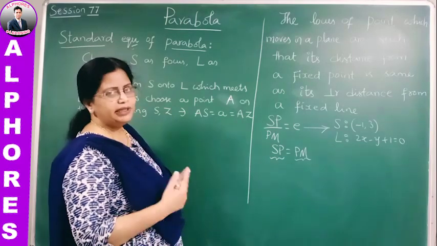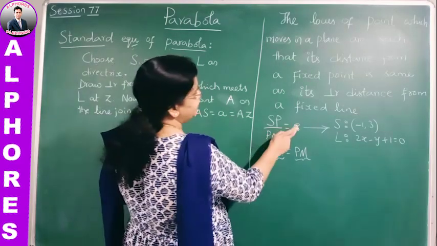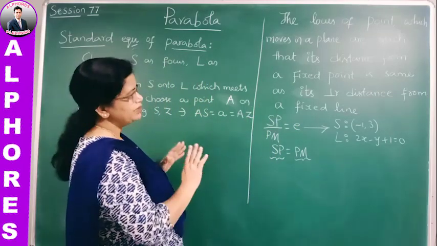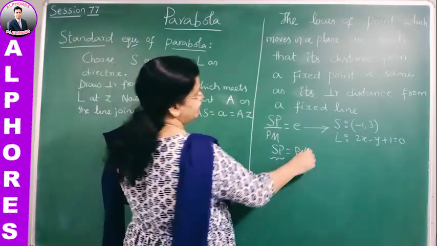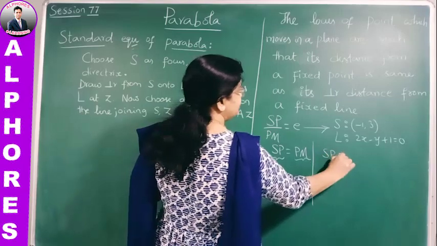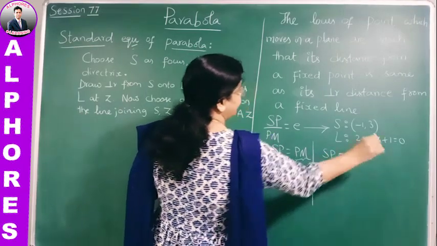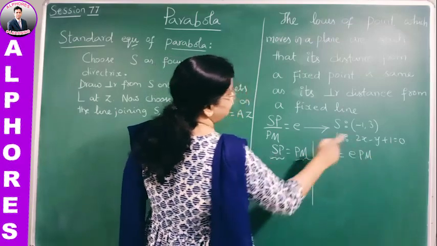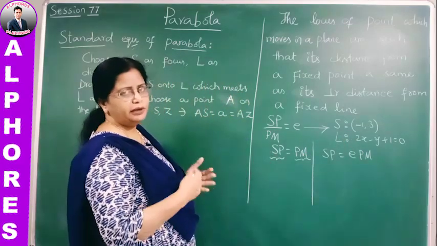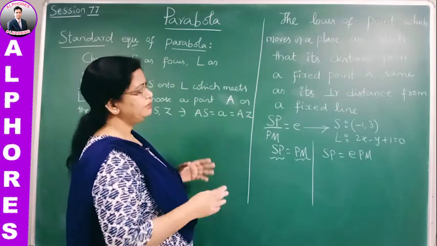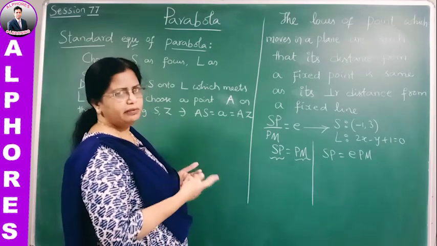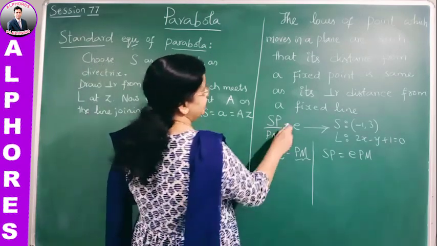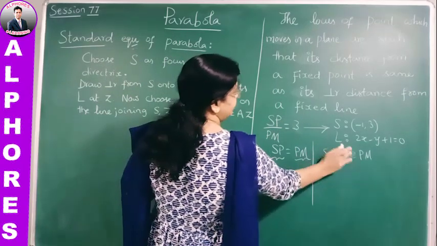If nothing is given about the eccentricity value, we just put it as E, and thereby we obtain the equation SP equal to E times PM. Then we use the distance formula and the perpendicular distance formula, and thereby you obtain the equation of a conic, which is of second degree in both x and y. And suppose E is given as 3, then we substitute 3.